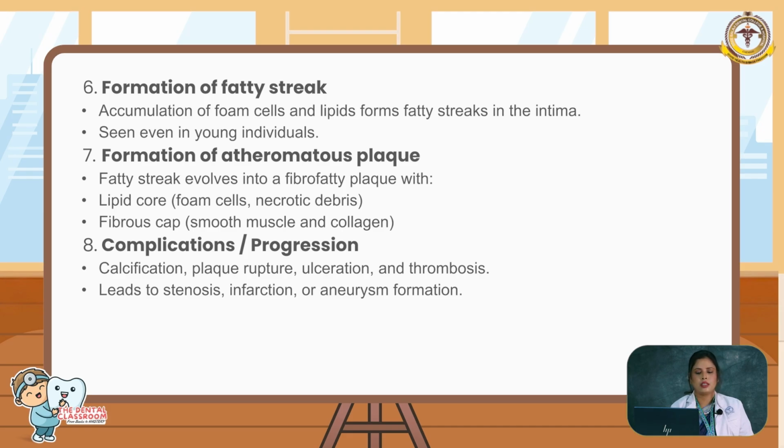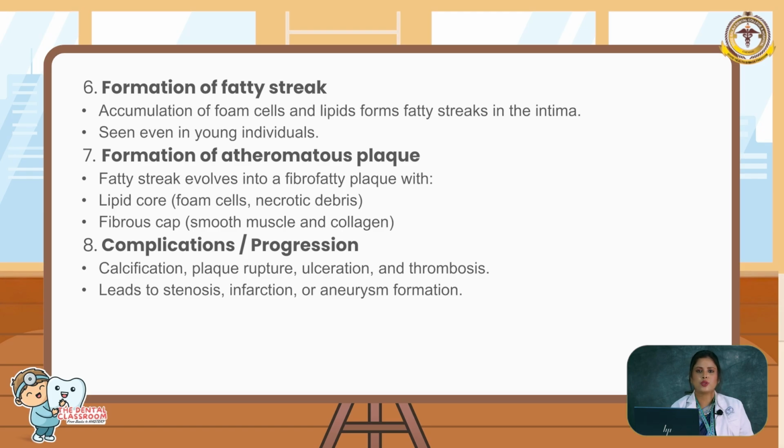What does it contain? It contains a lipid core which is composed of foam cells and necrotic debris, and it has a superficial rim called the fibrous cap, which is majorly composed of smooth muscle and collagen. So all these along with smooth muscles, collagen, extracellular matrix form an atheromatous plaque.